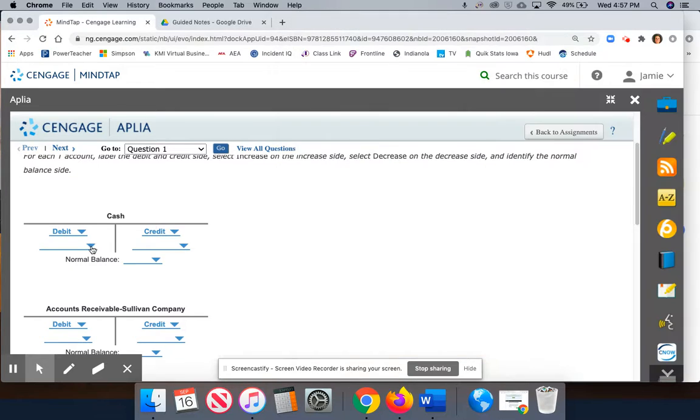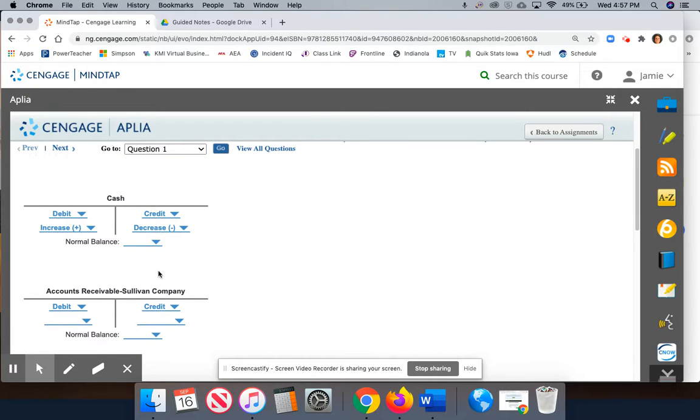So I'm going to go in and put increase here. If they increase on the left, they have to decrease on the right. You always have one increase and one decrease. Normal balance is the same thing as saying what side does the account increase on. So cash is an asset, increases with a debit, so the normal balance is a debit.